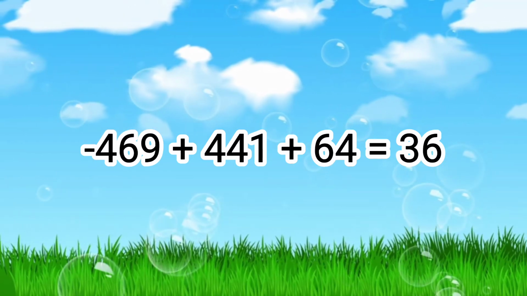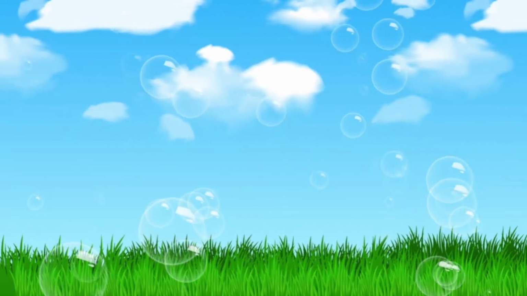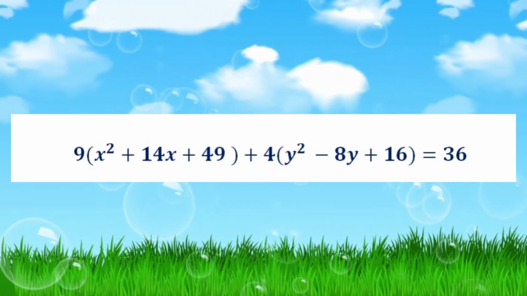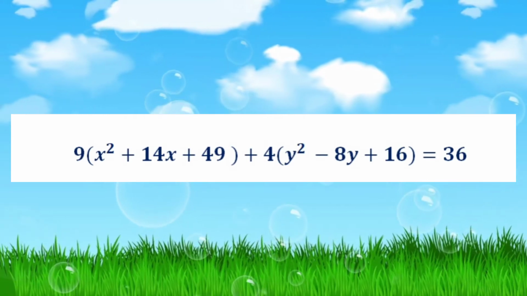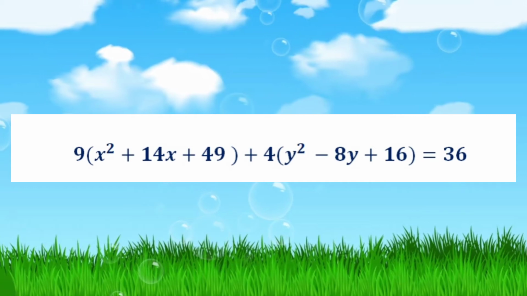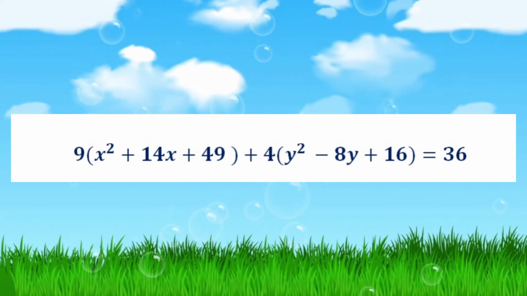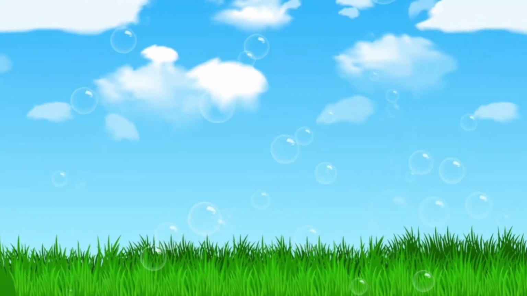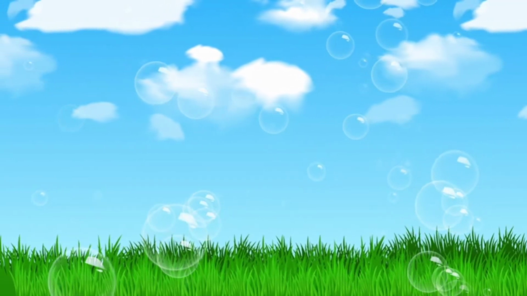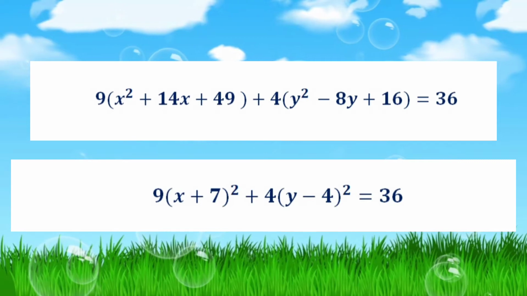So we created perfect square trinomials. Our perfect squares are 9 times (x squared plus 14x plus 49) plus 4 multiplied by (y squared minus 8y plus 16). To create perfect square binomials, we need to factor each of these.